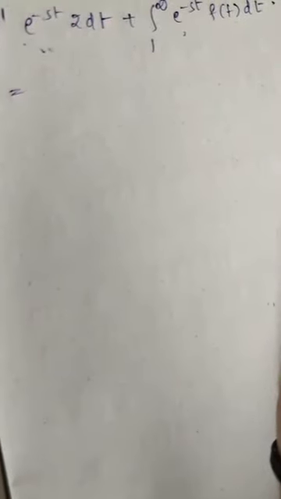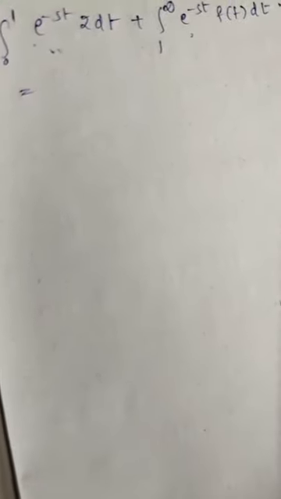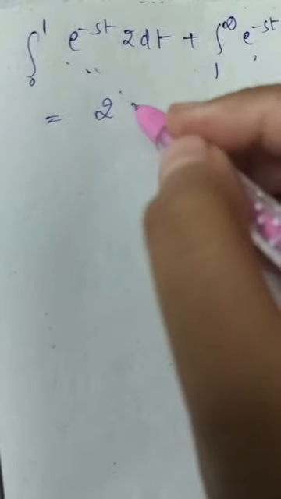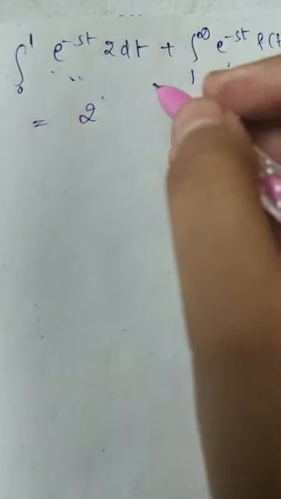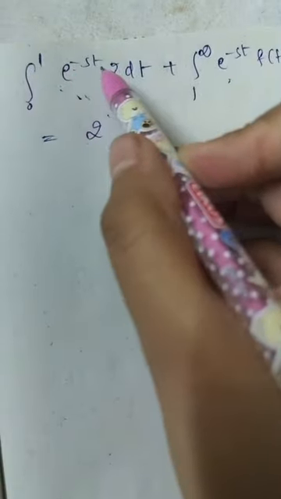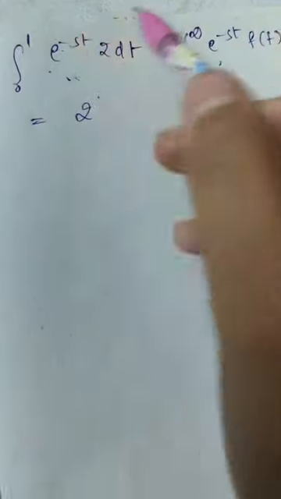Then here we need to do integration. So for this we know that 2 can be taken common, and integral e power ax dx is e power ax by a. So here e power minus st, here a is minus s.